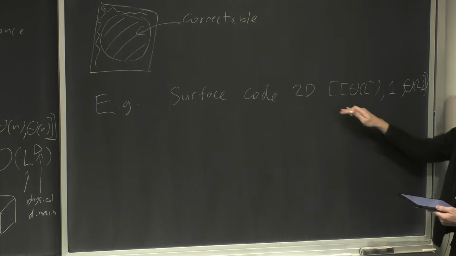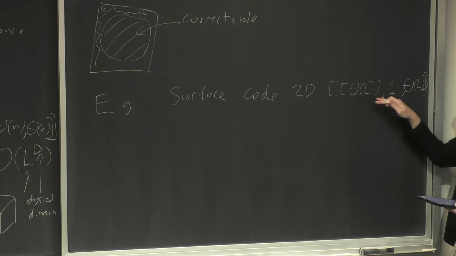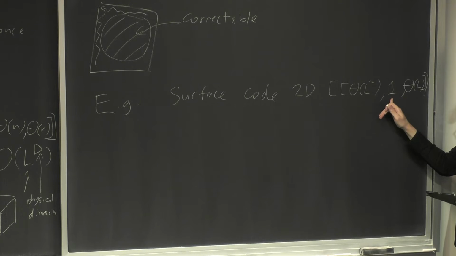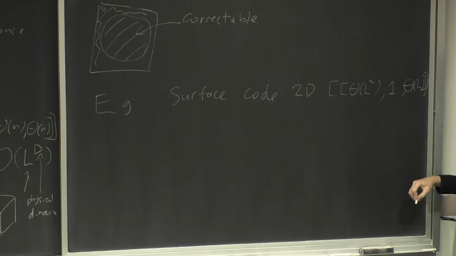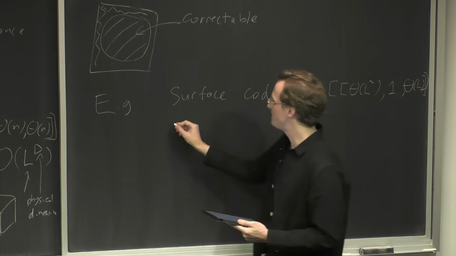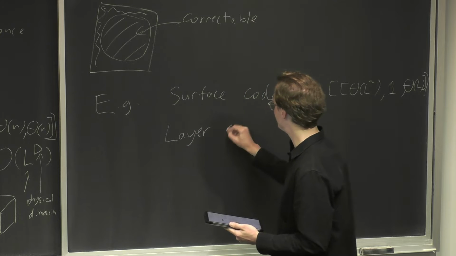Okay, so the surface code is living on a grid. You have L squared physical qubits. You encode a constant number of logical qubits, so order 1. Anyway, let's just say 1. And then you have a distance that's linear. And you can't get any better scaling than that in 2D. This work is about a new class of examples.